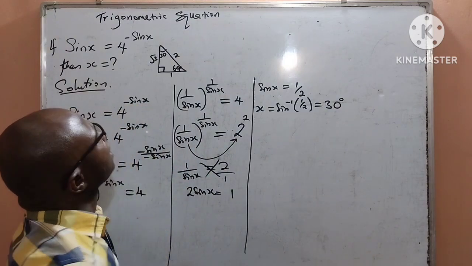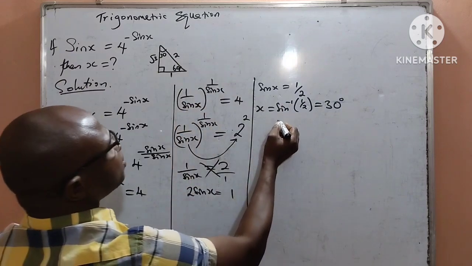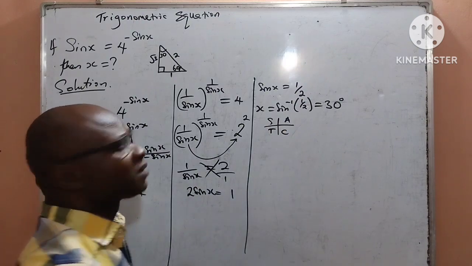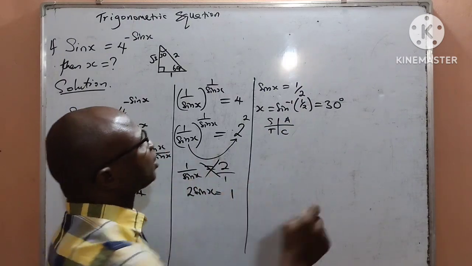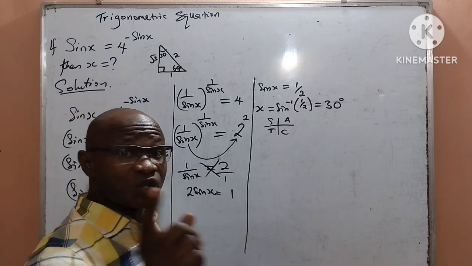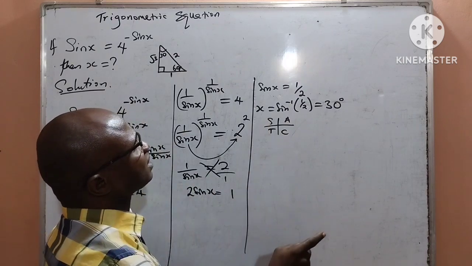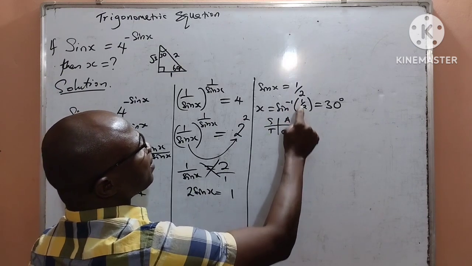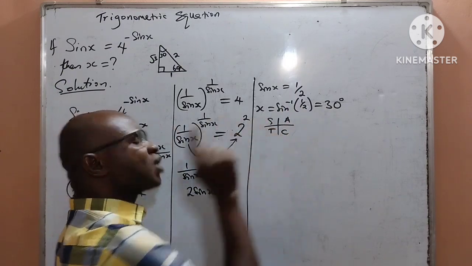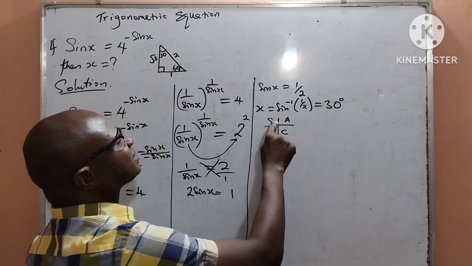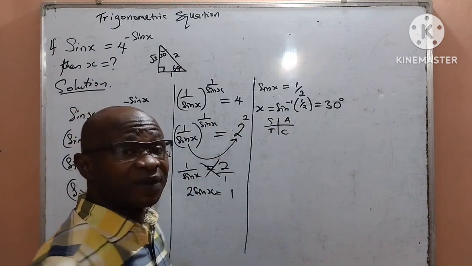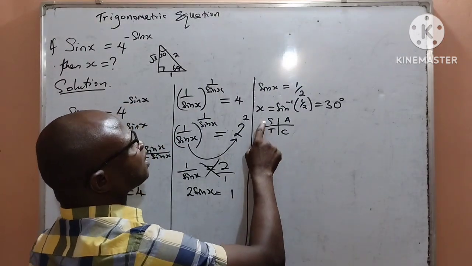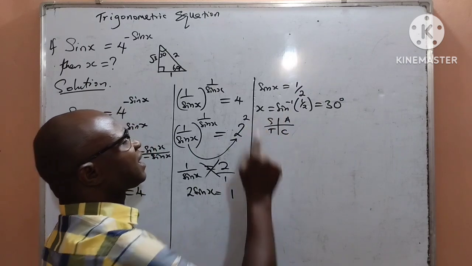But then, if you come to this CAST diagram and look at this with me, you will agree that sine is positive in the first quadrant and also positive in the second quadrant, meaning that now that we have gotten the first value of sine inverse of 1 over 2 as 30, we will also get another value that is greater than 90, because in the first quadrant we have the values from 0 to 90, and in the second quadrant sine is positive, which is from 90 to 180.